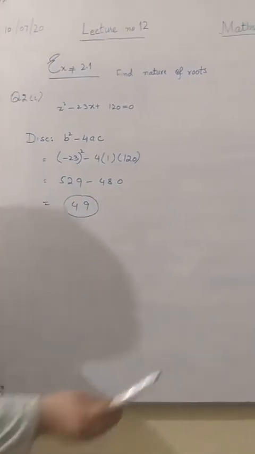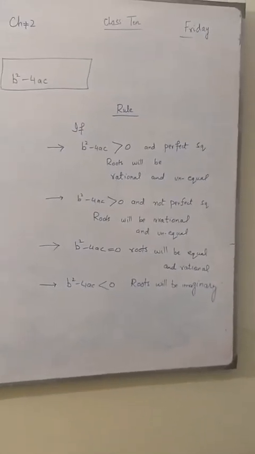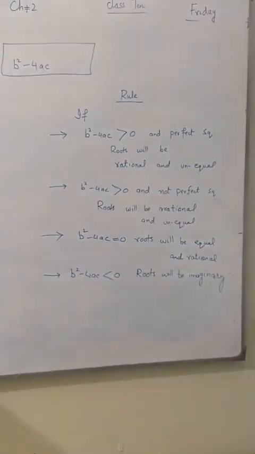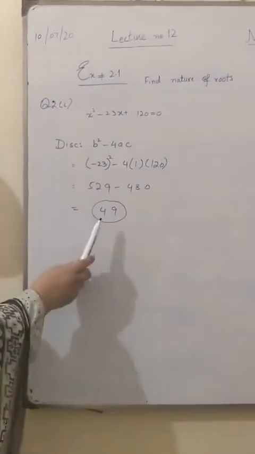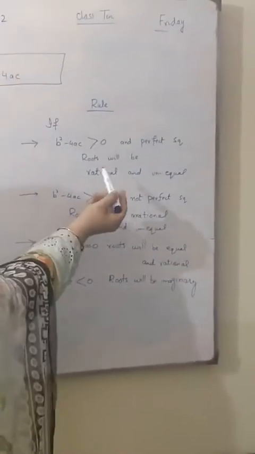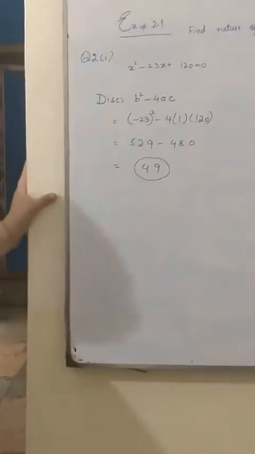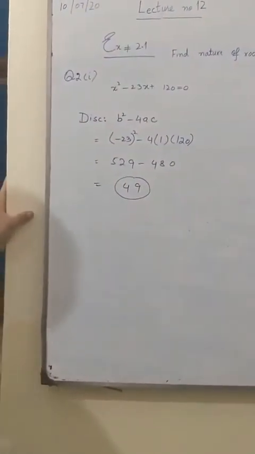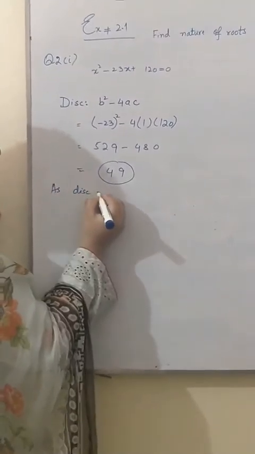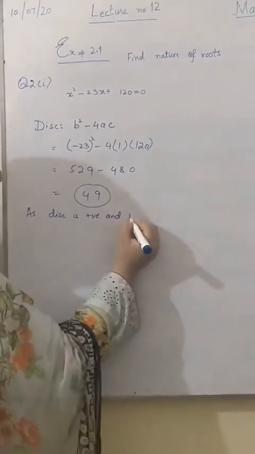If b square minus 4ac is greater than 0, meaning the discriminant is positive and a perfect square, as here, the roots will be rational and unequal. So here we will write: discriminant is positive and perfect square.